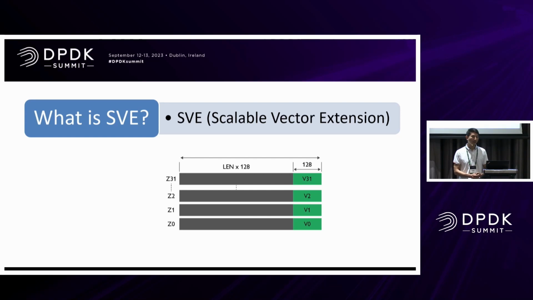SVE is different from the traditional vector. Here you can see from the diagram, this extension supports vector lengths from 128-bit width to a maximum of 4096-bit width, in the granularity of 128.